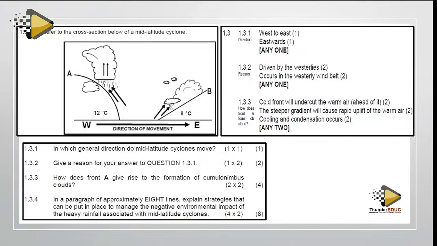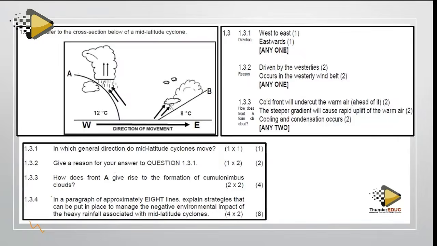They are associated with strong winds. These are the weather conditions that you can relate to three weather systems.